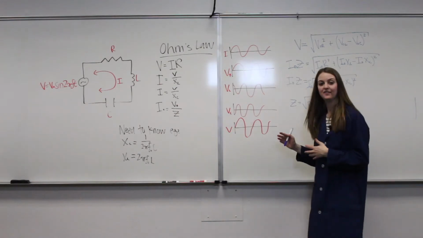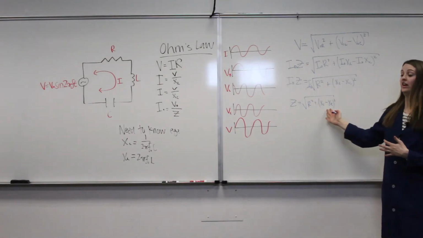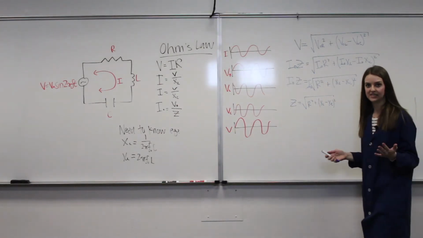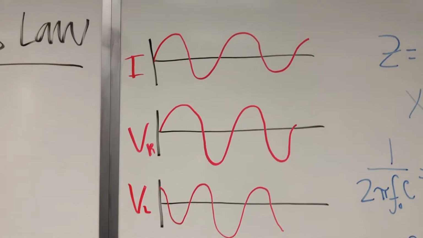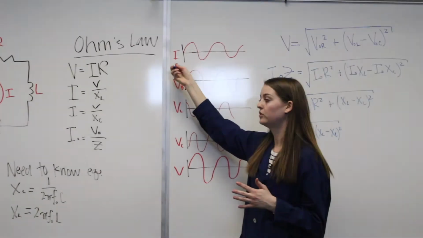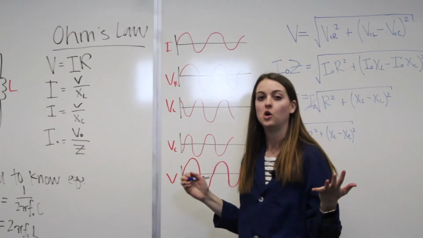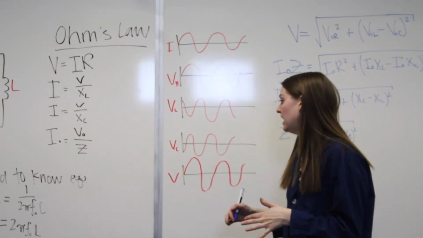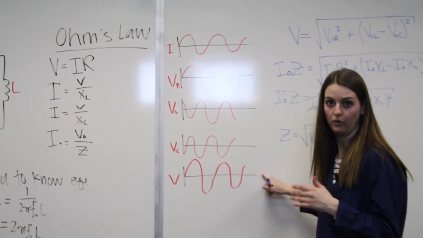So now that we have the equation for impedance, which is shown right here, we can talk more about what resonance is. I have these sinusoidal waves drawn on the board here. This is the wave that is what a current would look like, and that is equal to the overall voltage.